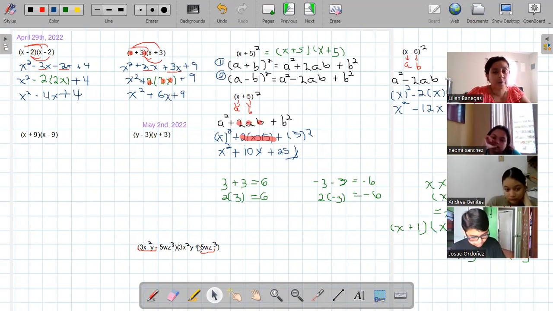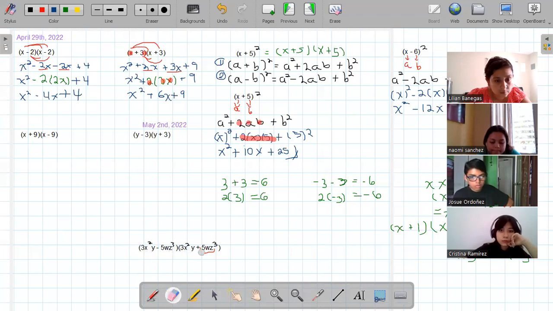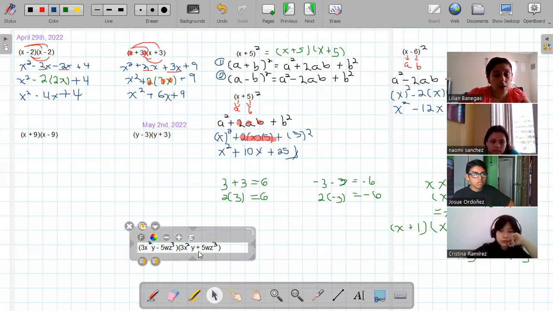So as you can see, I have 3 unsolved exercises. I got x plus 9 times x minus 9, y minus 3 times y plus 3, and 3x squared y minus 5wz times 3x squared y plus 5wz.